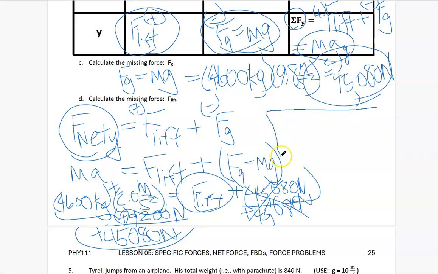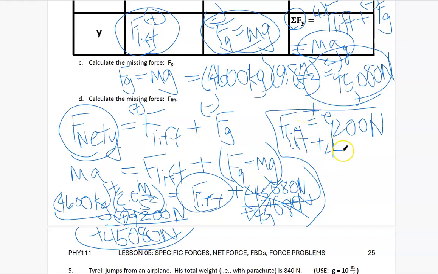So I'll just write it over here. The force of lift is the sum of the 9,200 newtons, which we know is our net force, that's positive, plus our 45,080 newtons that we just finished calculating.